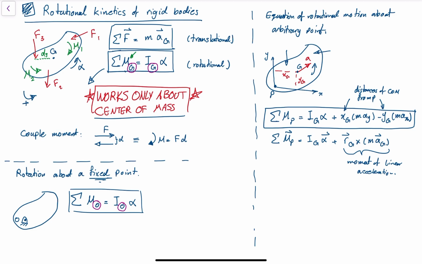Or if that doesn't work and you still want to calculate about some arbitrary point, you calculate moments about your desired point, keep the moment of inertia about the center of gravity, and add these distances of the center of gravity to that point P. All of these combined with the beloved translational equation give you a full description of both translation and rotation of a body.